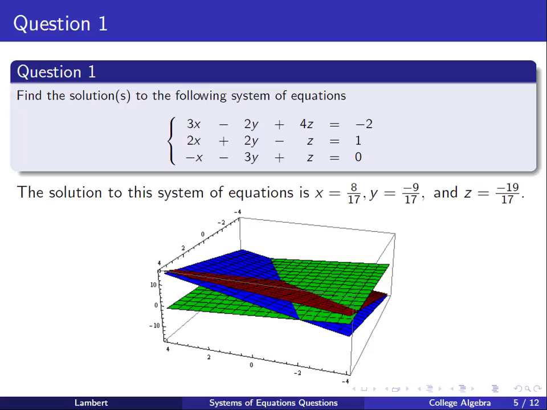And the point x equals 8 over 17, y equals negative 9 over 17, and z equals negative 19 over 17 actually occurs right here at the intersection of the green plane, the red plane, and the blue plane. Okay, so that gives us a visualization as to what's happening. And we can carry this on up to 4 dimensions, 5 dimensions, in terms of our number of variables. So you just try to eliminate a variable and work around from there.